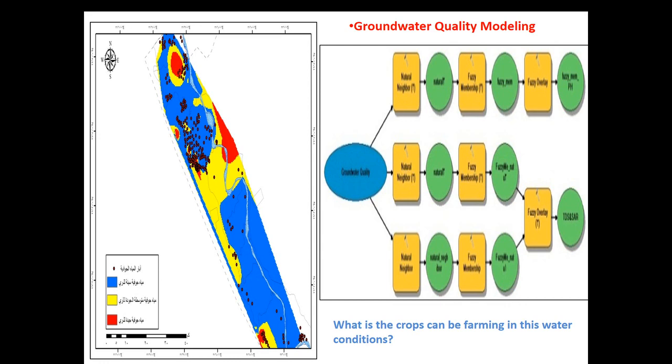To make a reclamation in reclamation areas, we need to study all agriculture elements such as soil, water, climate, and farmers' habits.